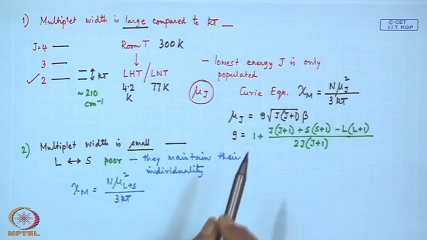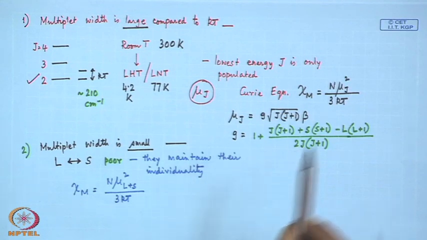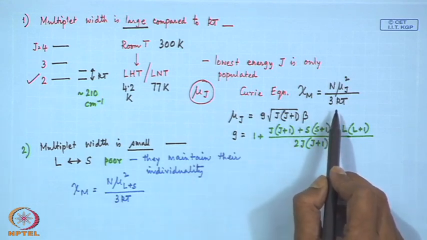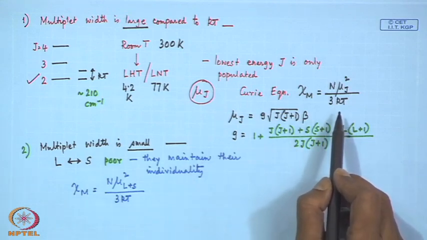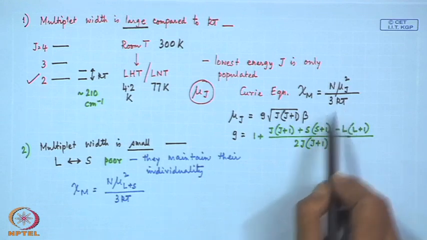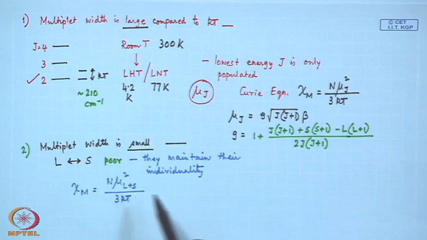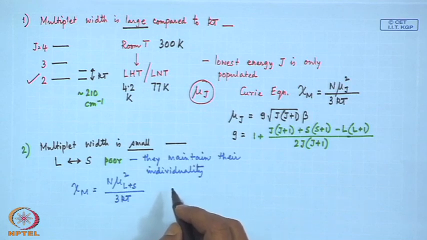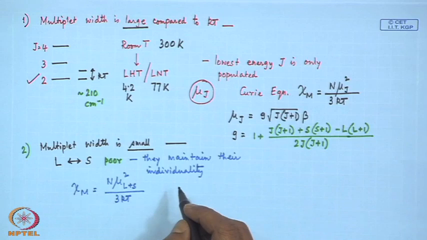That means theoretical prediction will tell us whether the experimentally determined magnetic moment can follow a mu J equation or mu L plus S equation or mu S equation only, because the mu S equation is only valid for spin only magnetic moment values that is available for the first transition series elements.